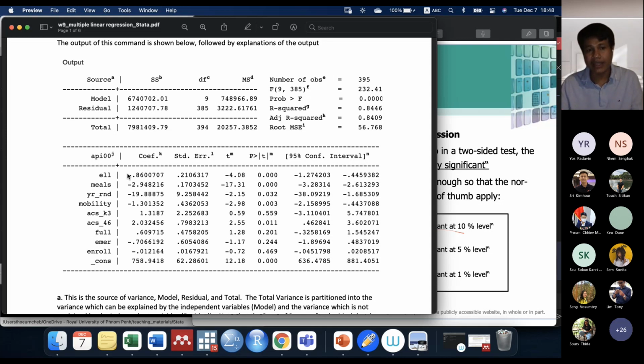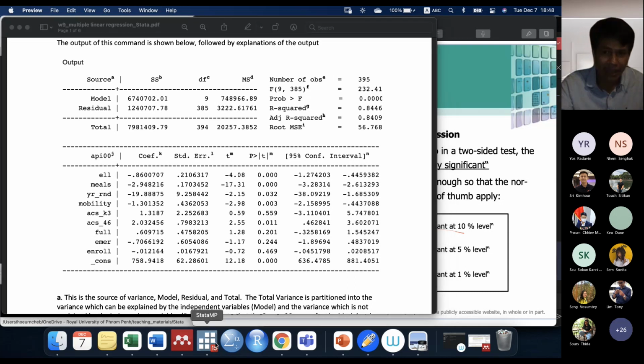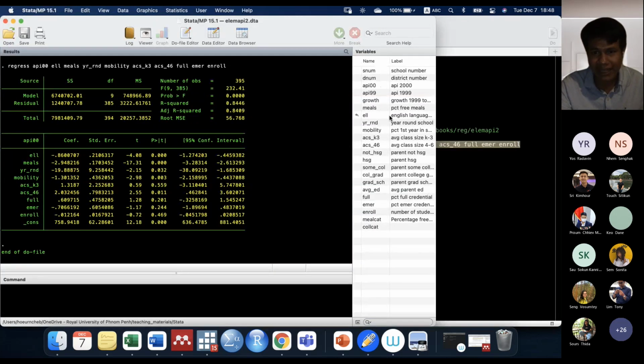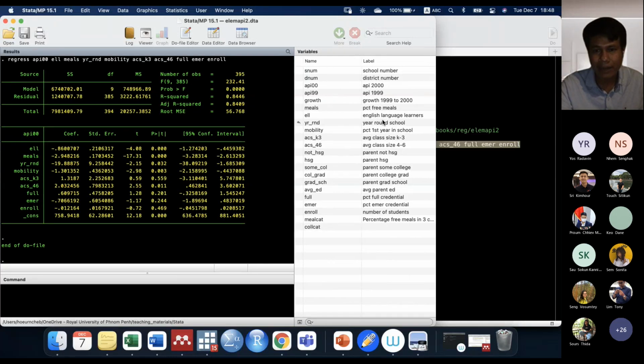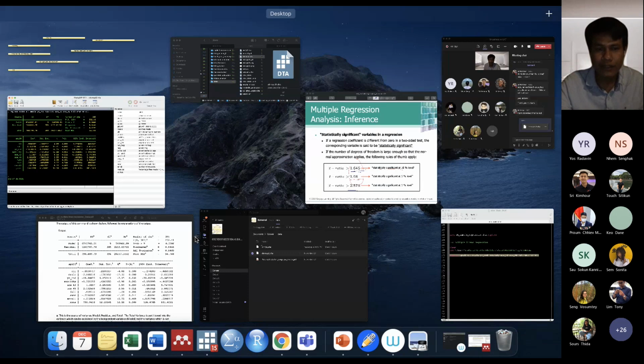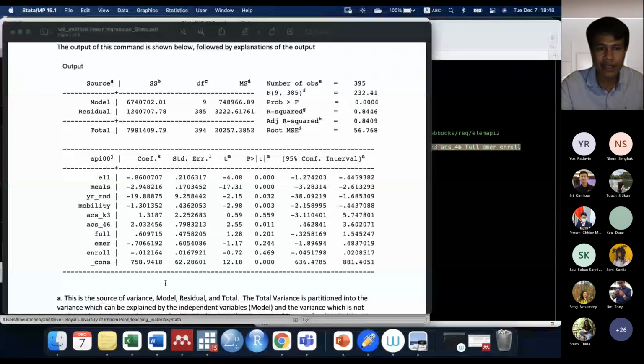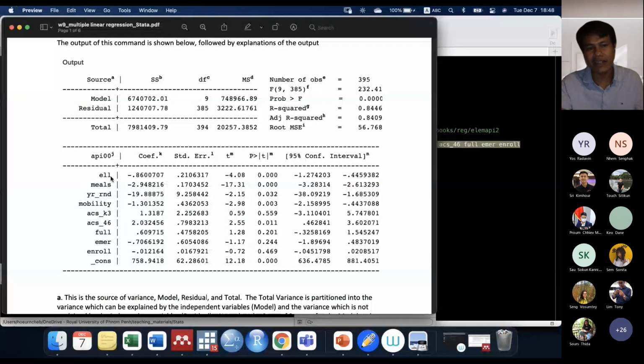Then you would say, if yield, what is yield? I also don't remember yield, so I look back at my variable. Yield here is English language learner. So I would say, if English language learner increases by 1 unit, the academic performance index will decrease by 0.86%.